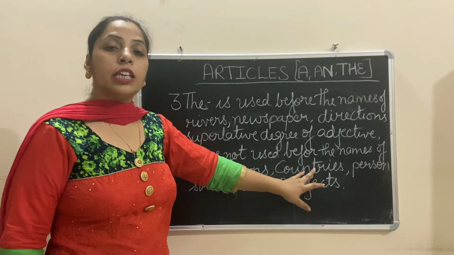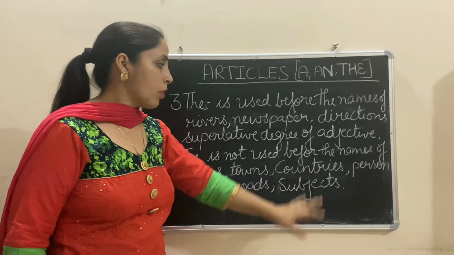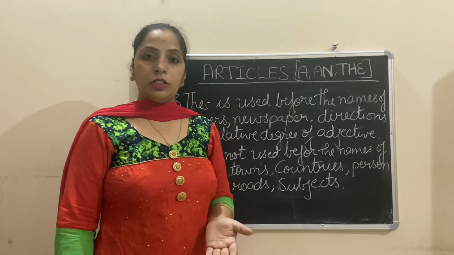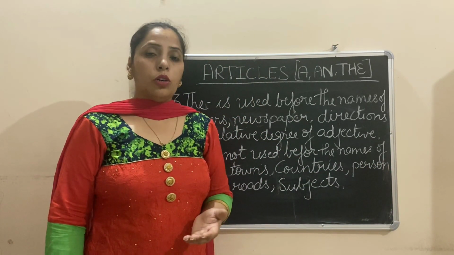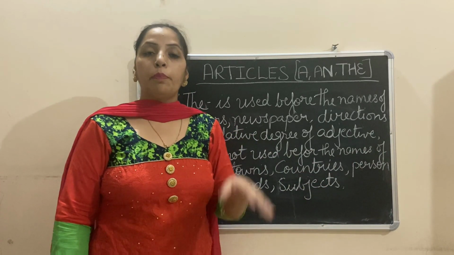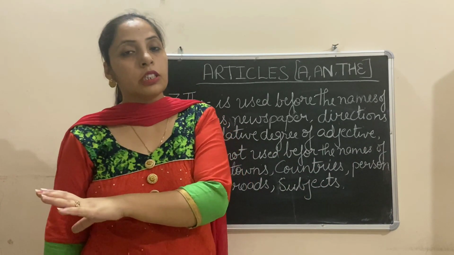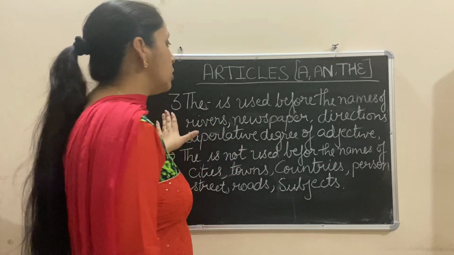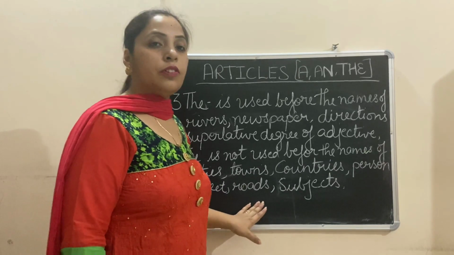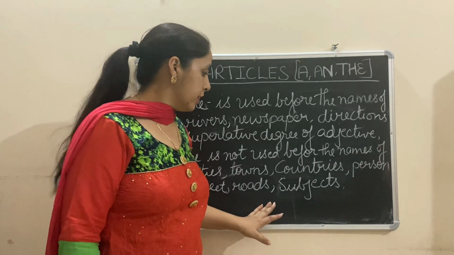We are not going to say, I live in the India. Name of any person. Whenever we take the name of any person, there we will not use the article the. Even though we know particularly we are talking about this person, we are not going to use the article the there. Names of streets and roads, we are not going to use the article the.